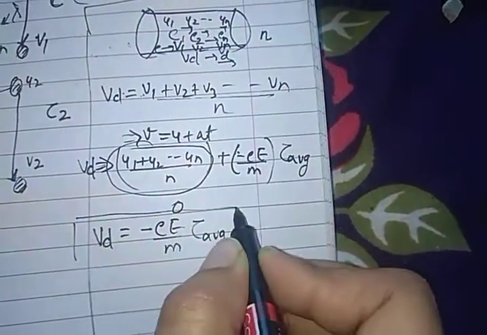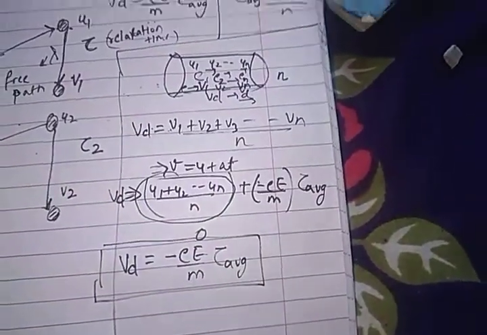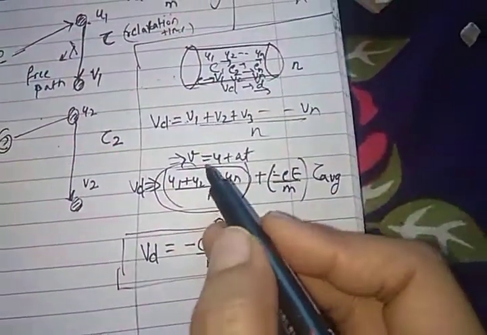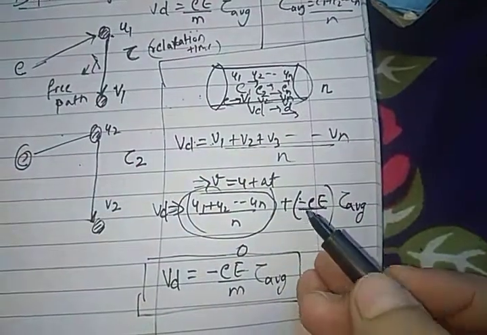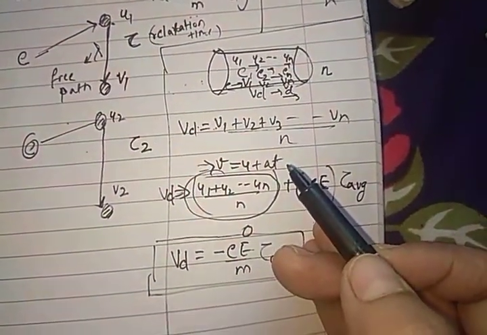So this is the derivation for drift velocity. It is a very easy derivation, and the tricky thing is that we have linked it with our first equation of motion.